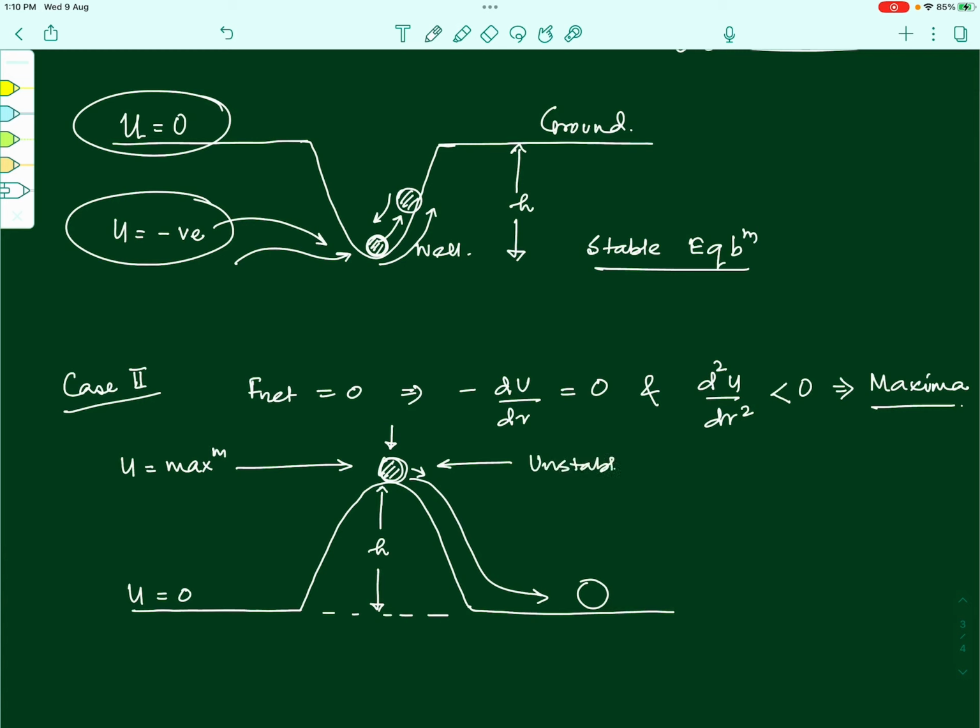How do we define an unstable equilibrium? An unstable equilibrium is the one from which if the particle is slightly displaced, the particle will not have a tendency to go back to the equilibrium state, it will rather try to move away from the equilibrium state. Okay? So, at the equilibrium, now we know that the potential energy takes its maximum value.